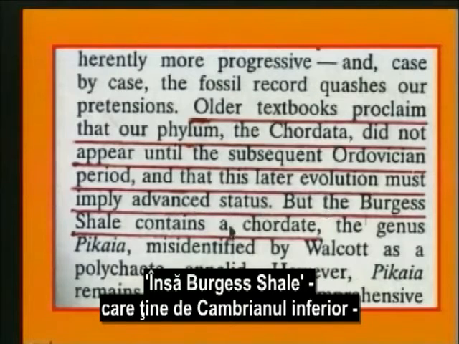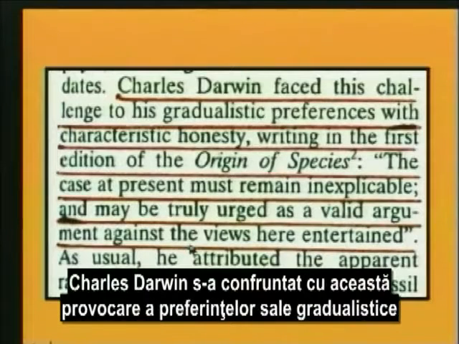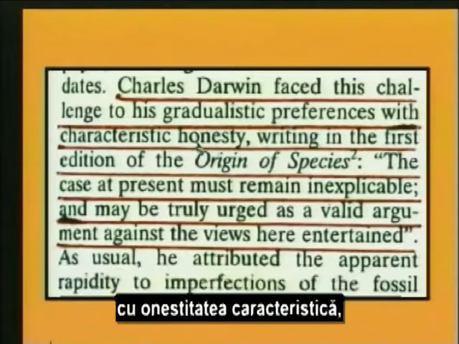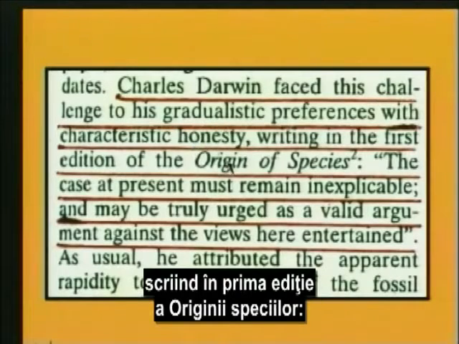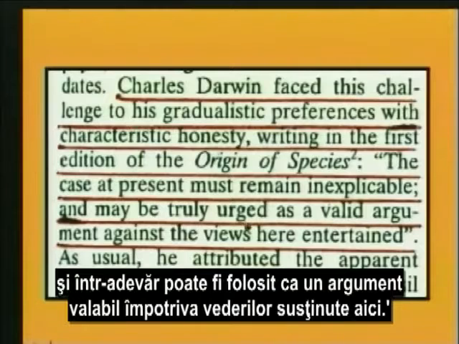But the Burgess Shale, which is Cambrian, the lowest layer, contains chordates. Wow! Charles Darwin faced this challenge of his gradualistic preference with characteristic honesty. Writing in the first edition of Origin of Species, the case at present must remain inexplicable and may truly be urged as a valid argument against the views here entertained.